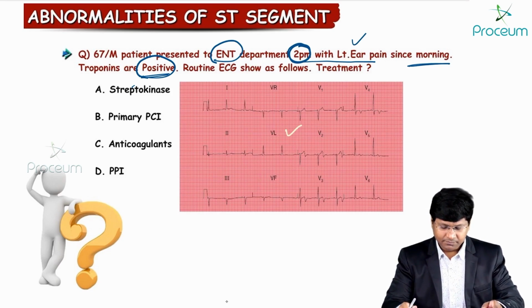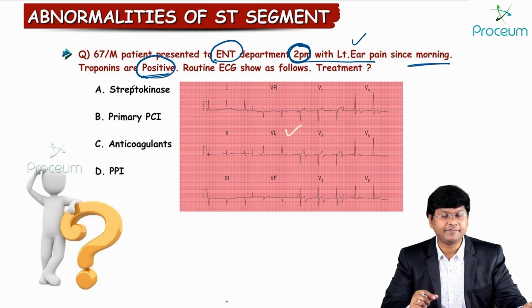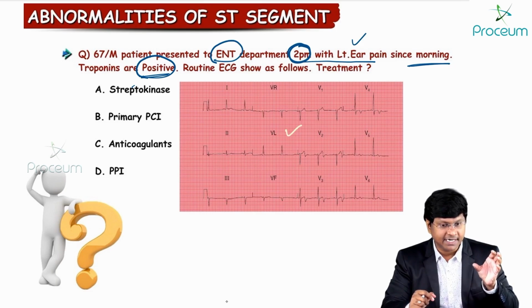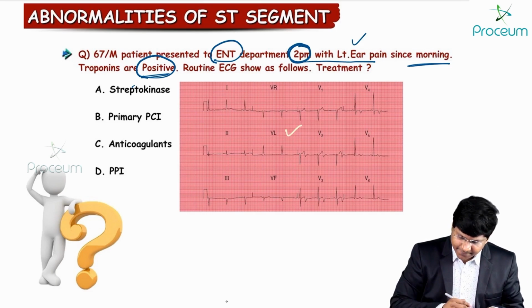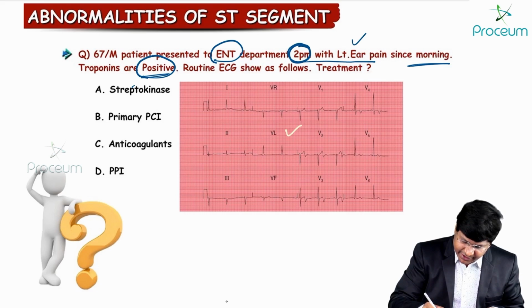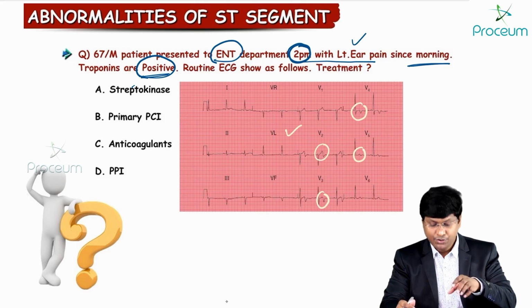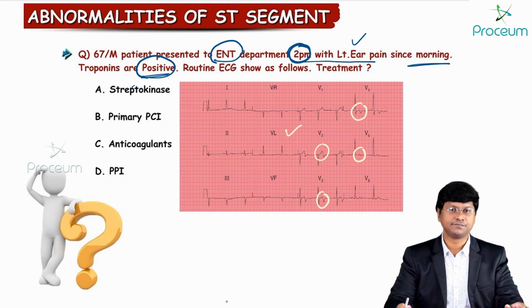So, troponin being positive with left ear pain, you have to consider there is something fishy going on underneath. Now, you take the ECG: STT changes in the precordial leads, that is V2, V3, V4, V5. You don't have a normal STT in the precordial leads.